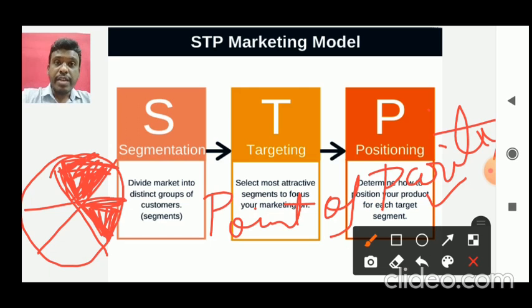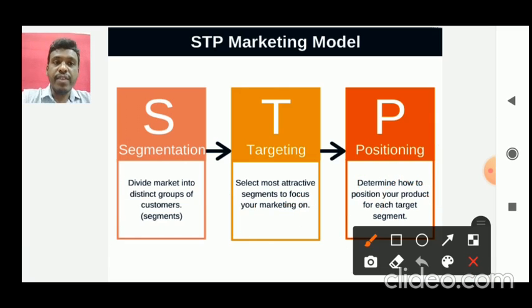So point of parity means point of similarity, how your product is similar to your competitor's product. Secondly, you should also think about the point of difference, how your product is different from your competitors. This will give you an added advantage which you can pitch during a sales pitch and get the order.